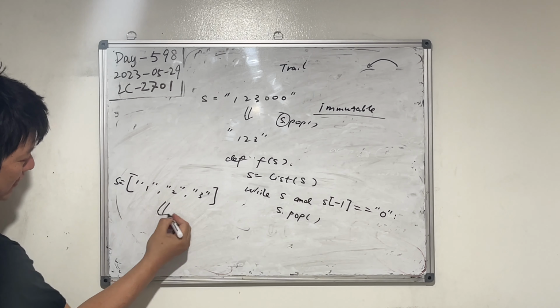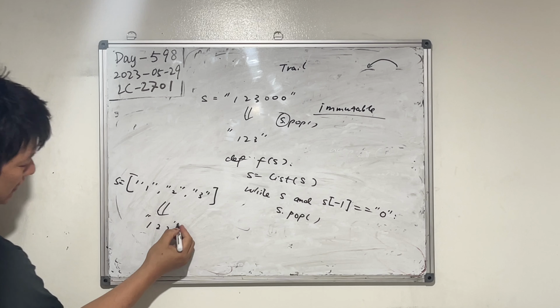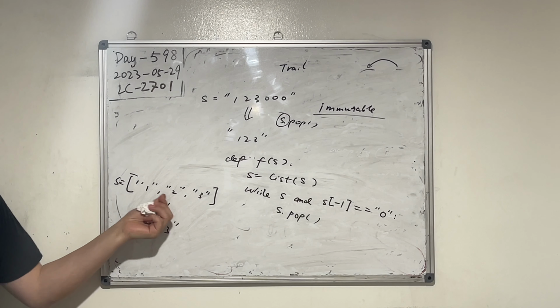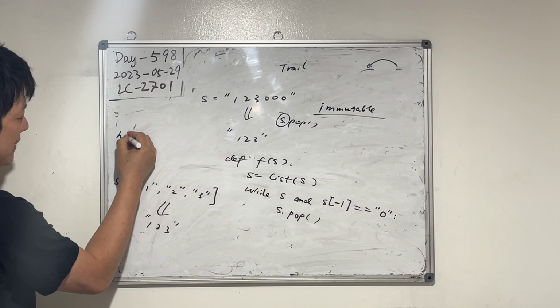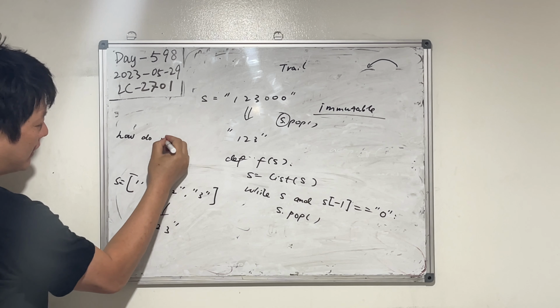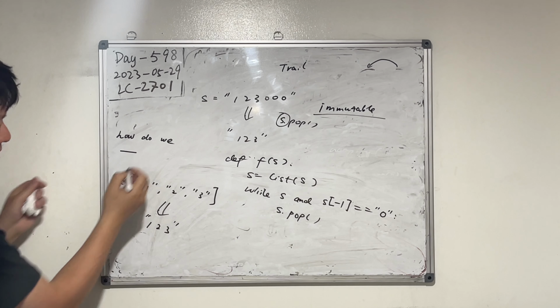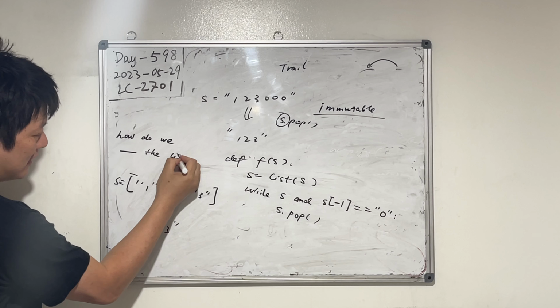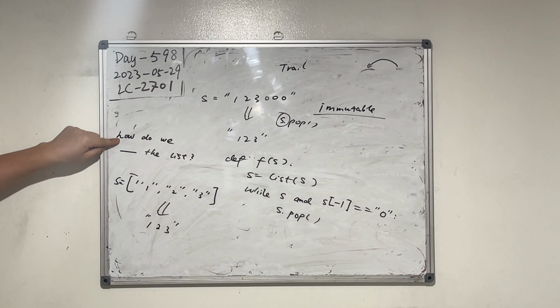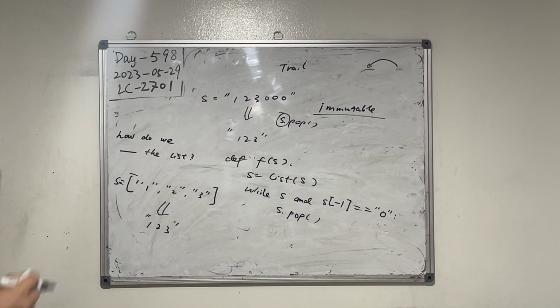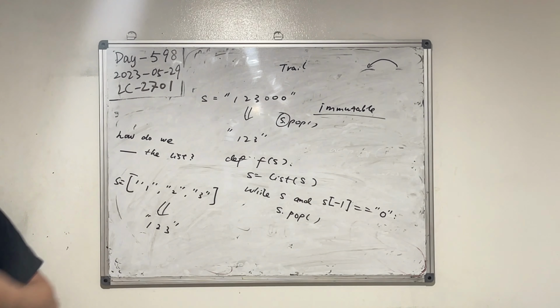How do we convert it to 1, 2, 3? How do we join the list? What's the opposite of split?